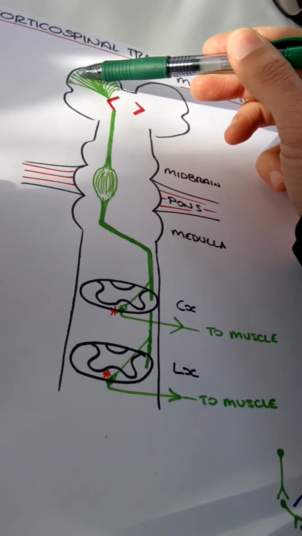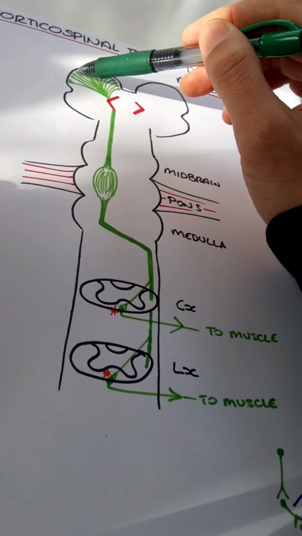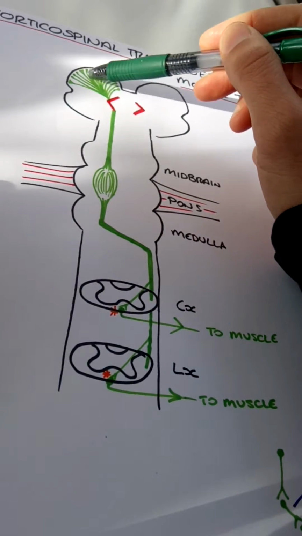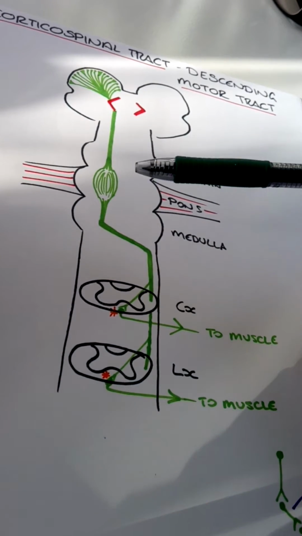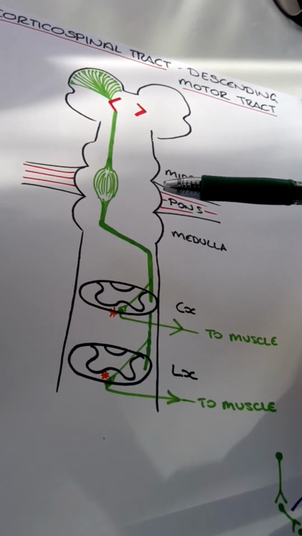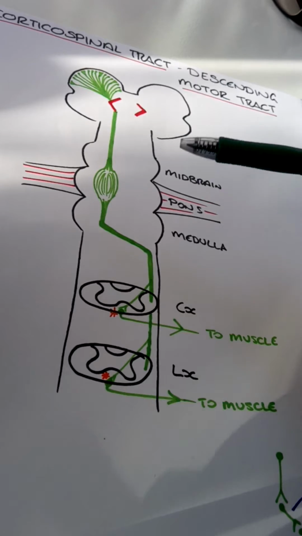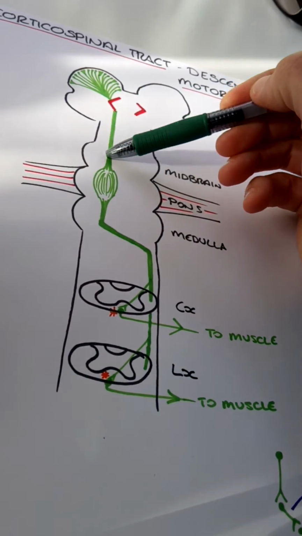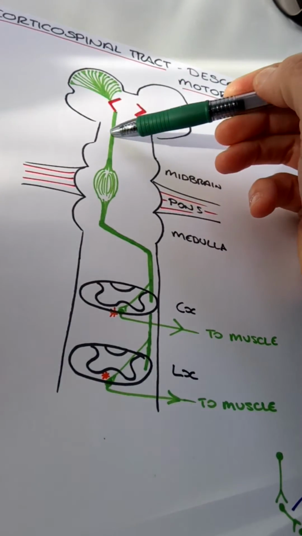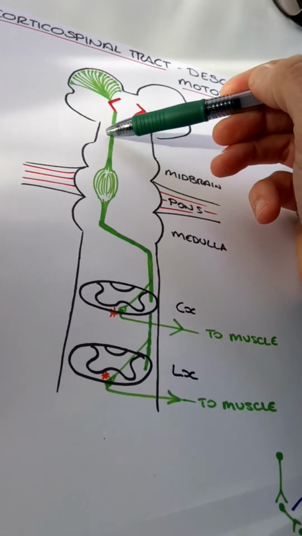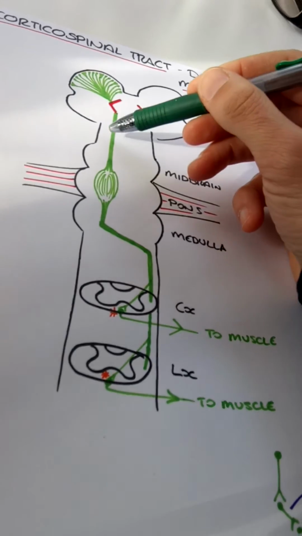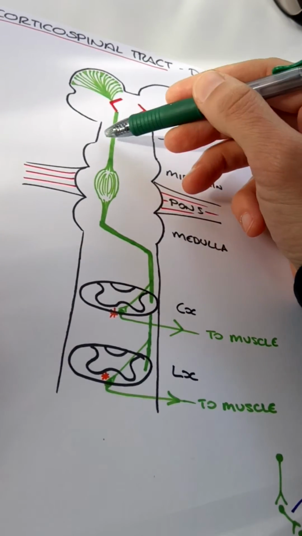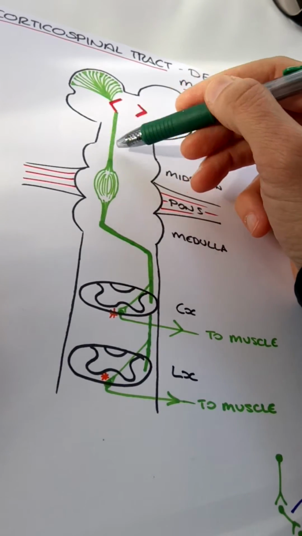A lesion somewhere in there is going to affect a single motor neuron, and it's going to have a very specific consequence. Where it bundles up after the internal capsule, if you have a lesion in here, that's going to have quite a global effect because they're all bundled up, and that's going to cause a lot of disorder.